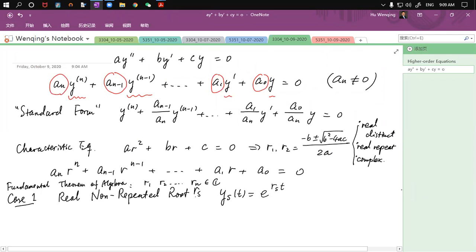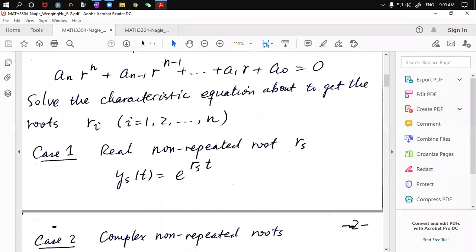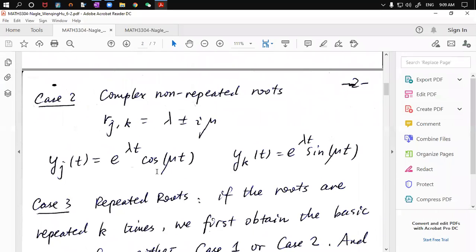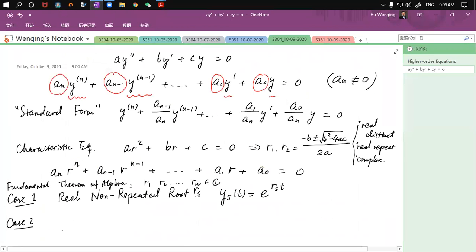However, you might have some other cases. Case 2 is that you have complex non-repeated roots. If there are complex non-repeated roots, they must be conjugate, because the fundamental theorem of algebra says that a polynomial equation with real coefficients of order n has n roots in the set of complex numbers, counting multiplicity.